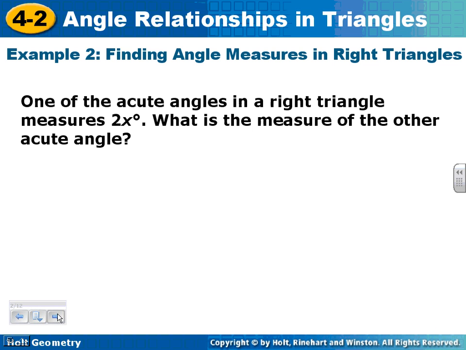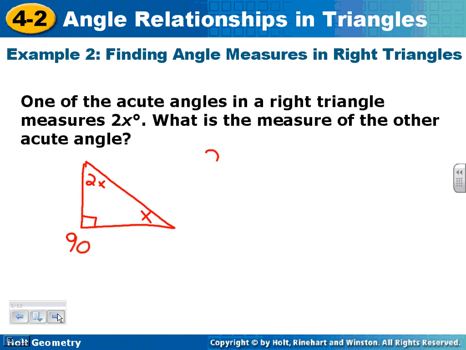Well, with that said, here's an example. One of the acute angles in a right triangle measures 2x. Let's draw a right triangle. One of the angles is 2x. What is the measure of the other acute angle? Well, remember, since this one's 90, the other two have to add up to 90. So let's just call that x.